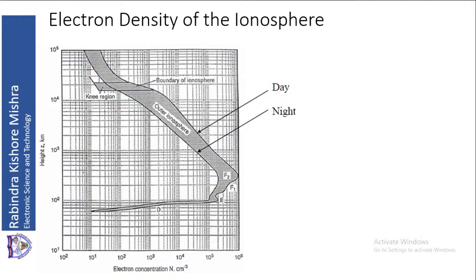Otherwise, we look at the height of the outer ionospheric region. So this is about the distribution of the ionosphere, how the ionosphere looks.